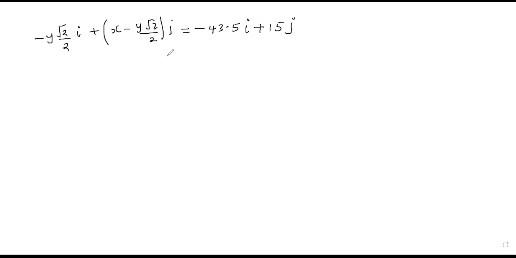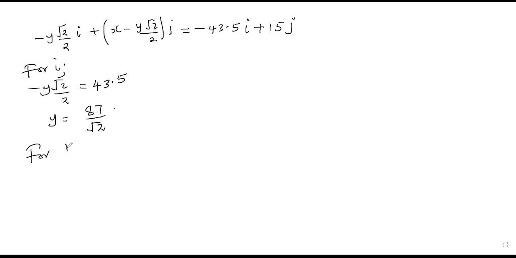So equate corresponding unit vectors. So for i, it would mean that negative y root 2 over 2 is equal to 43.5. This will give you your y as 87 over root 2.